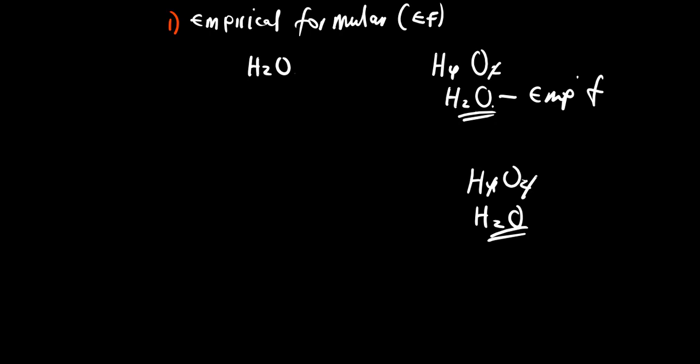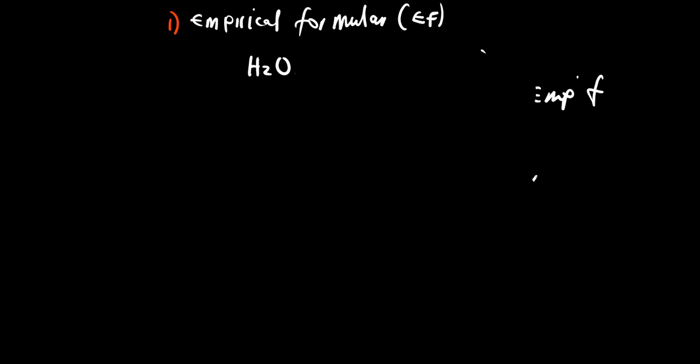Let's say CH2O. You can see oxygen is in its simplest form. There's no number there. And also, carbon is in its simplest form. You have seen? There's nothing there. Yes. So it's possible that this came from the molecular formula of, let's say, C6H12O6, which is glucose.